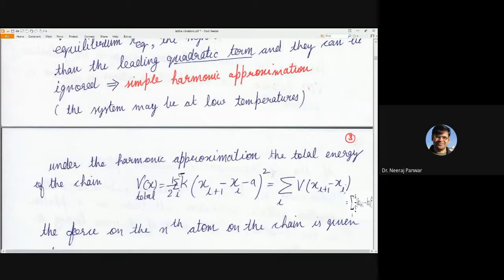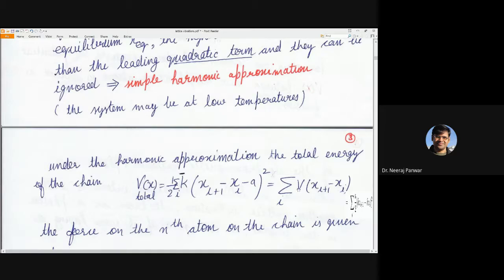We consider any two neighboring atoms denoted by i+1 and i. We consider the ith atom and the (i+1)th atom. The potential energy of the whole system would be given by the summation over i of V(x_{i+1} - x_i).